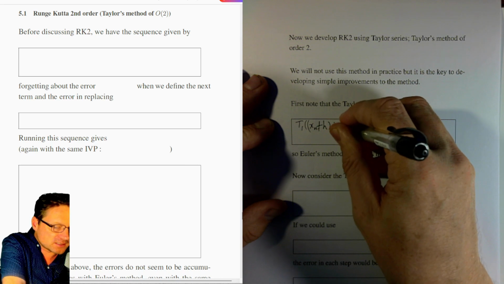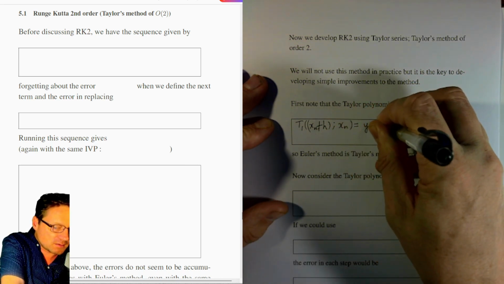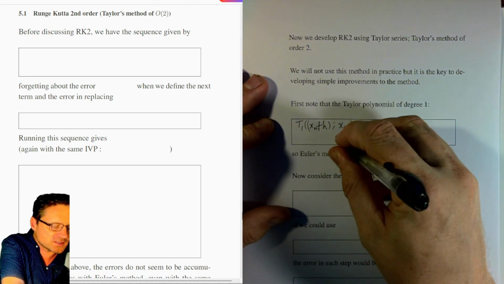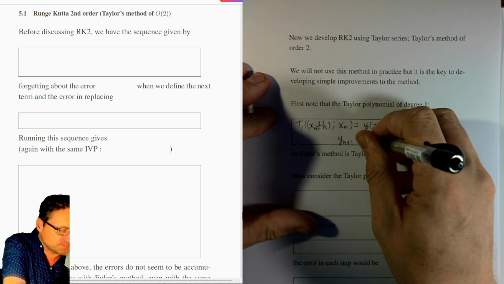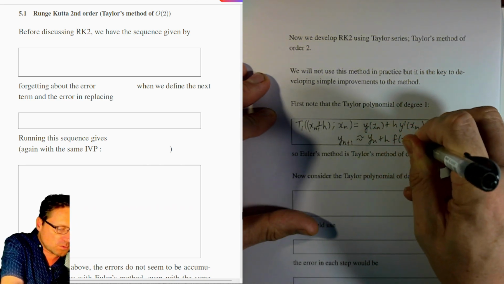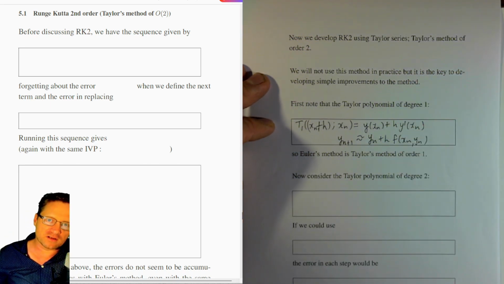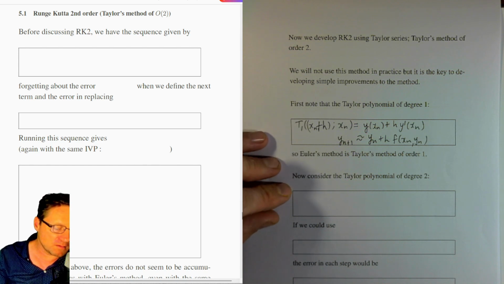So first note that the Taylor polynomial of degree 1, let's call it T1 of x n plus h, centered about x n, is given by y of x n plus h times y dash of x n. Okay, and so in other words, y n plus 1 is approximately y n plus h f of x n, y n. So Euler's method is Taylor's method of order 1. Okay, so now let's consider the Taylor polynomial of degree 2.